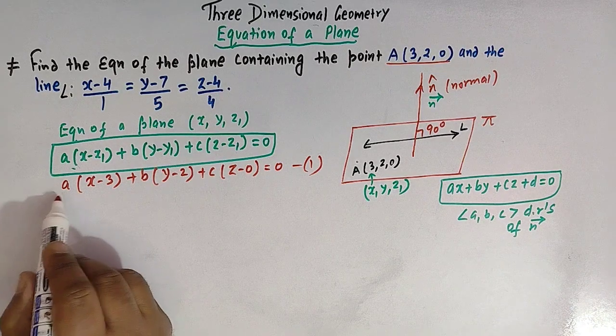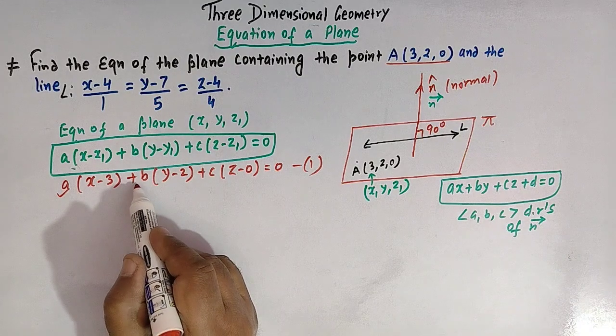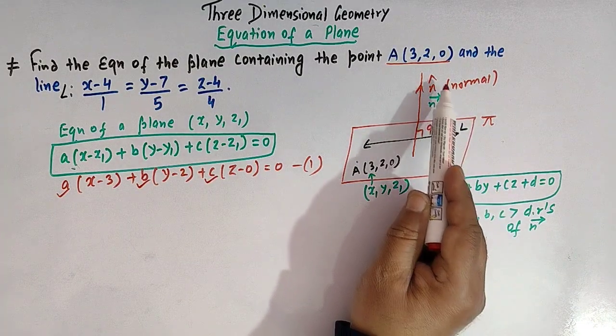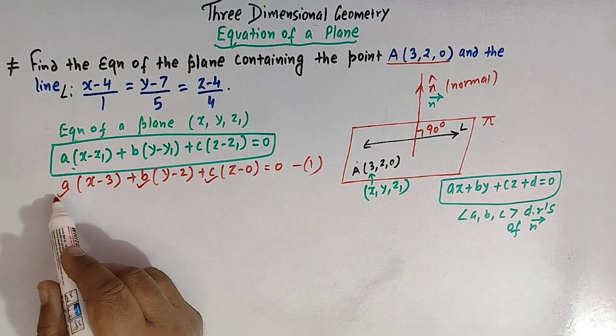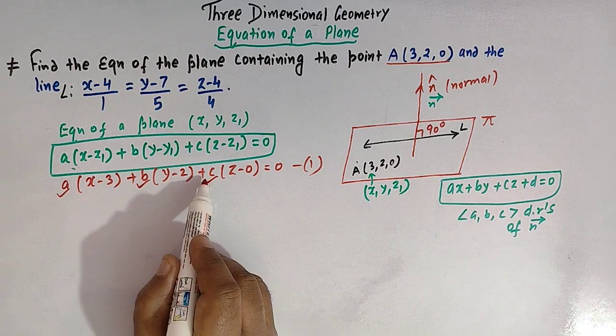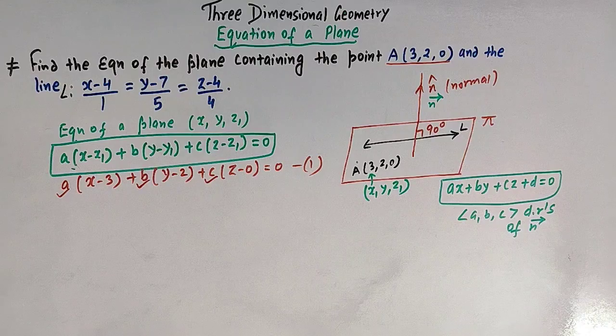So here our prime aim is to find out the values of a, b and c, and a, b, c are the direction ratios of the normal vector. So once we are able to find out the values of a, b, c, we can substitute them over here, and we can easily get the equation of the plane. So let us try to find out the direction ratios of the normal vector.